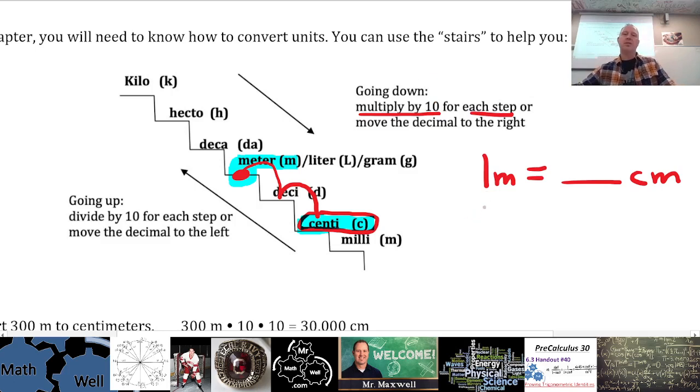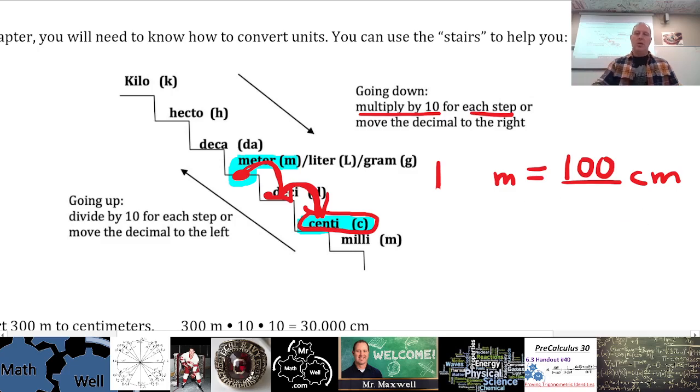And if we have to move the decimal place over 1, we fill in the spaces with zeros if there's nothing there. So 1 meter, if I have to convert to centimeters, that means I go down 2 stairs, which means I multiply by 10 twice. Times 10 times 10, that's times 100. So 1 meter is 100 centimeters, because I moved the decimal place over once and filled in with a 0, over twice, filled in with a 0. Okay? So 1 meter equals 100 centimeters.